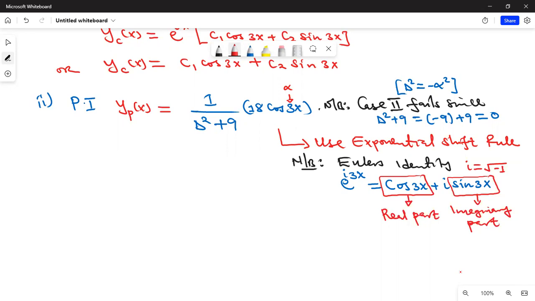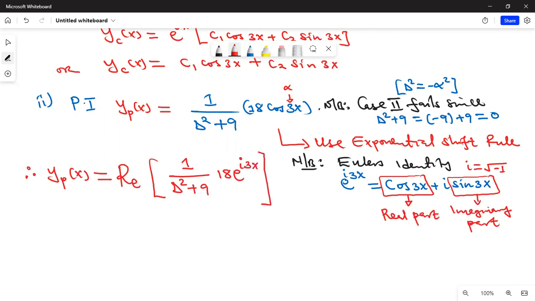So we can say that therefore, yp of x is equal to the real part, written as Re, of 1 over D squared plus 9 operating on 18 exponential i3x. So you work it out and then you extract the real part of whatever result you have found.